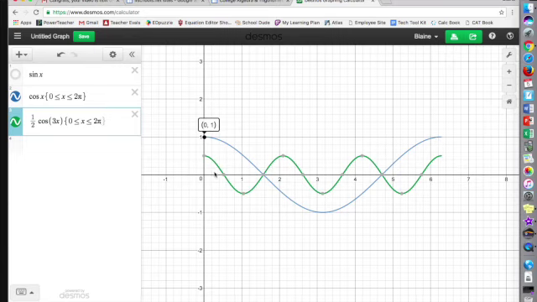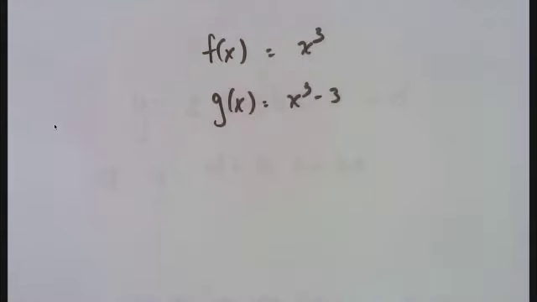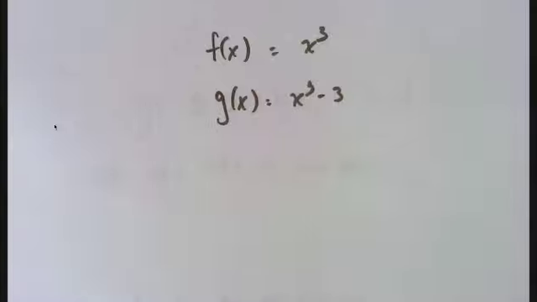In the green, here was one oscillation, then a second oscillation, and then the third one here. So the 3x causes the cosine graph to oscillate 3 times as fast. And I hope that gives a general idea of what those graphs were doing when we were graphing them the last time.